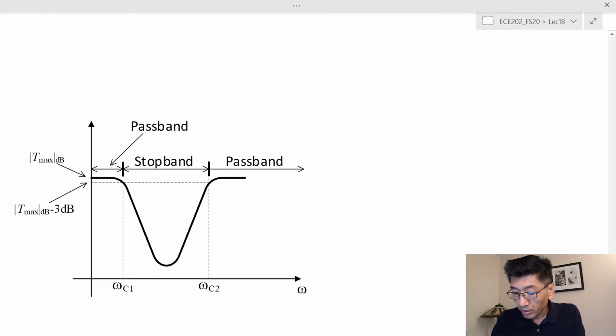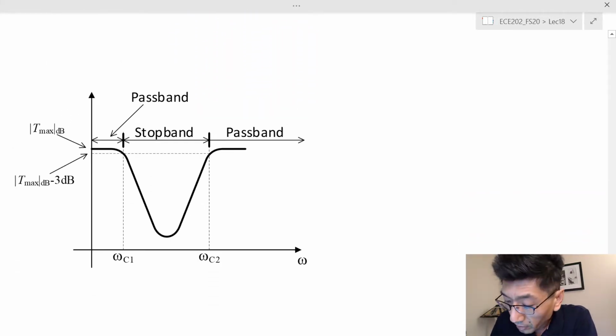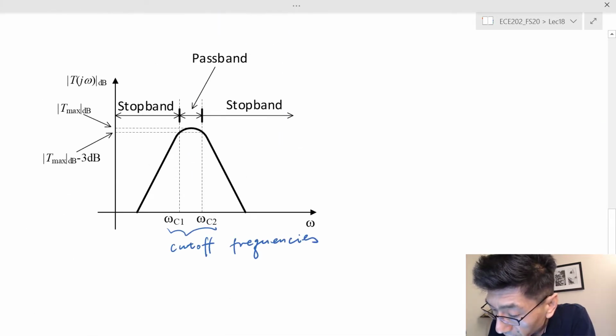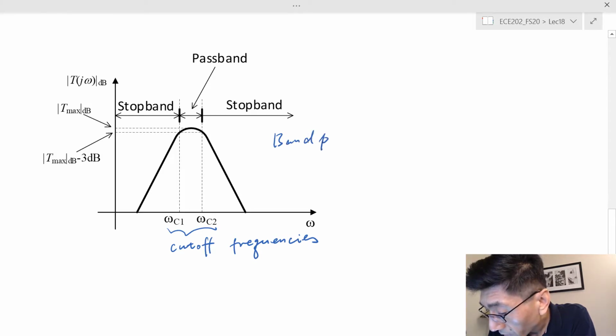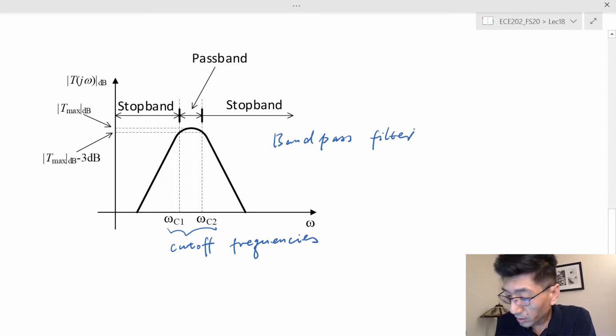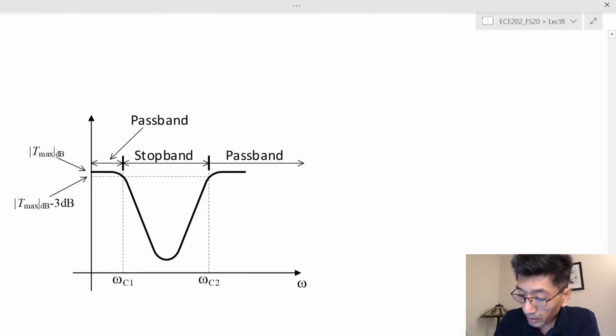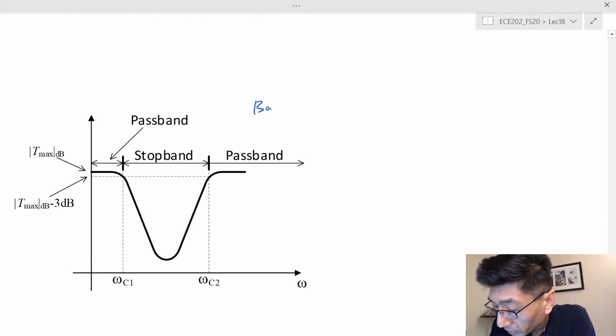This is called the band pass filter. And the last one is called the band stop filter.